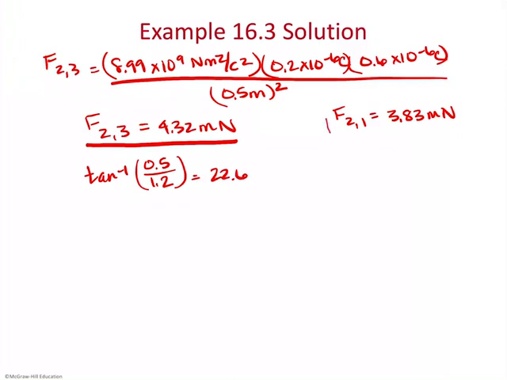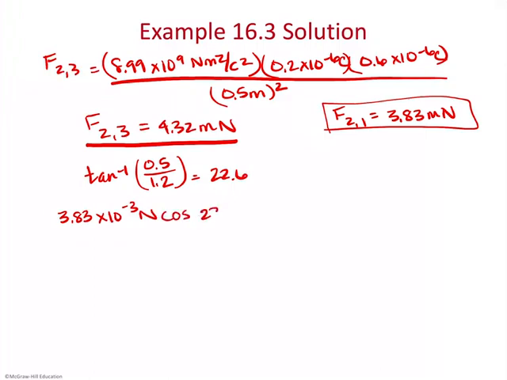So you do this, you got to use this one because this one had both x and y components. So you do 3.83 times 10 to the negative third because it was millinewtons. So newtons cosine 22.6, which is negative 3.53. Okay.